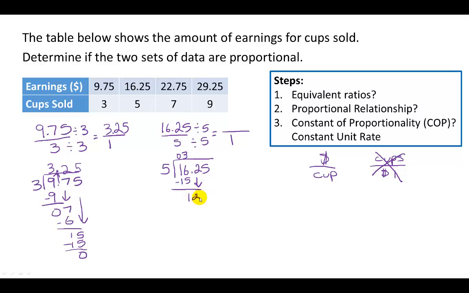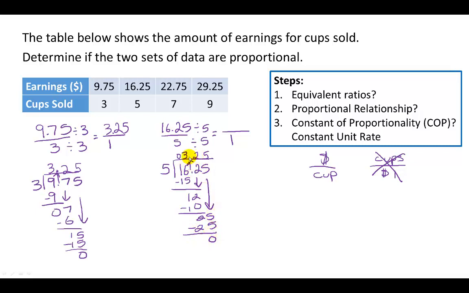Bring down a 2. 5 goes into 12 2 times. 5 times 2 is 10. 12 take away 10 is 2. Bring down 5. 5 times 5 makes 25. And 25 take away 25 is 0.